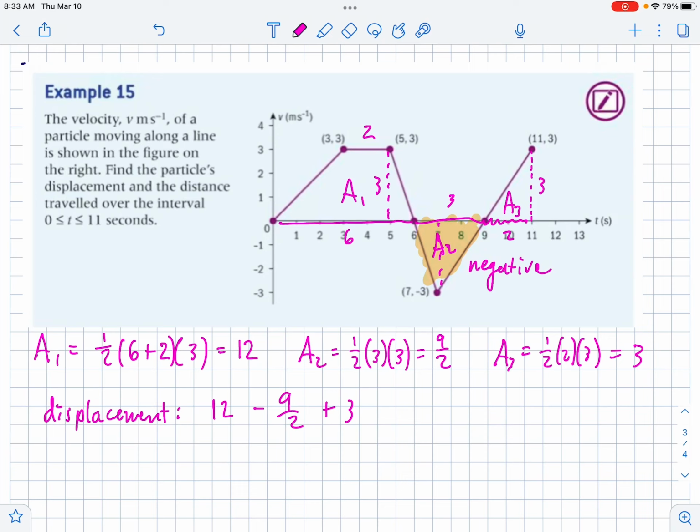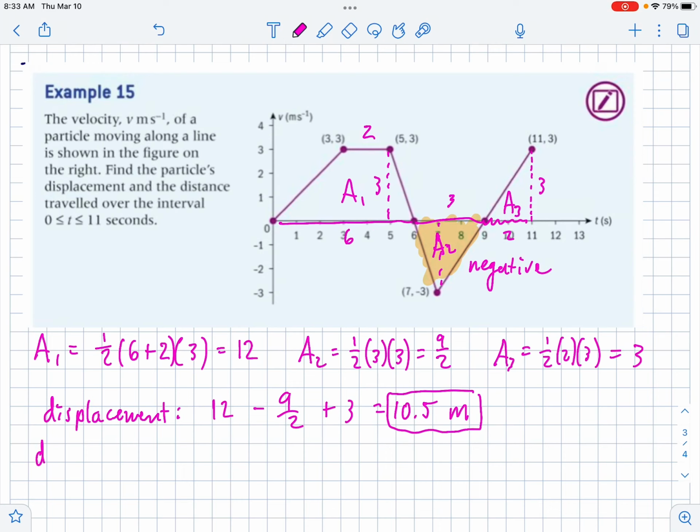So 12 take away 9/2 plus 3 is 10.5 meters. So that's the displacement, because the negative portion, like when it's moving left, cancels out some of the distance.